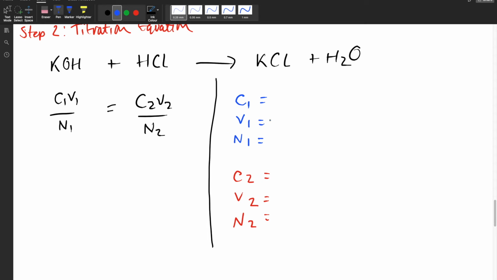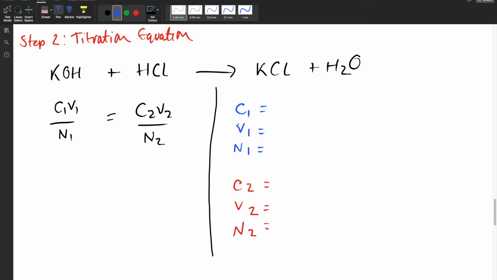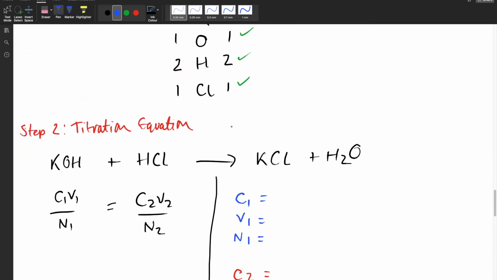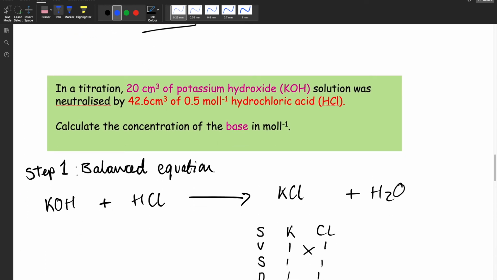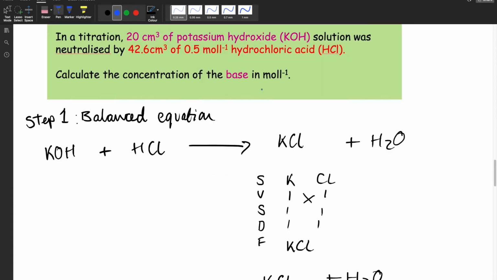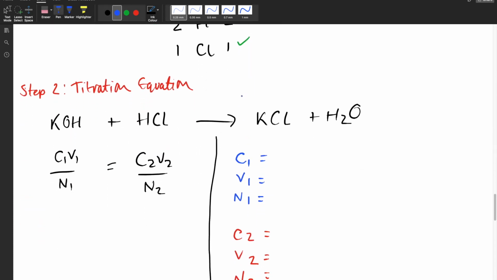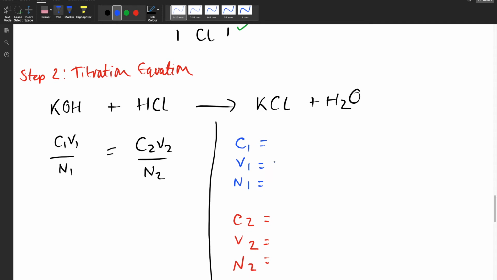Now let's write down what we've got from the question. So our question here says 20 centimeters cubed of potassium hydroxide. So let's have a look. Potassium hydroxide is our 1, and we know we've got 20 centimeters cubed of that. So let's write that in there.